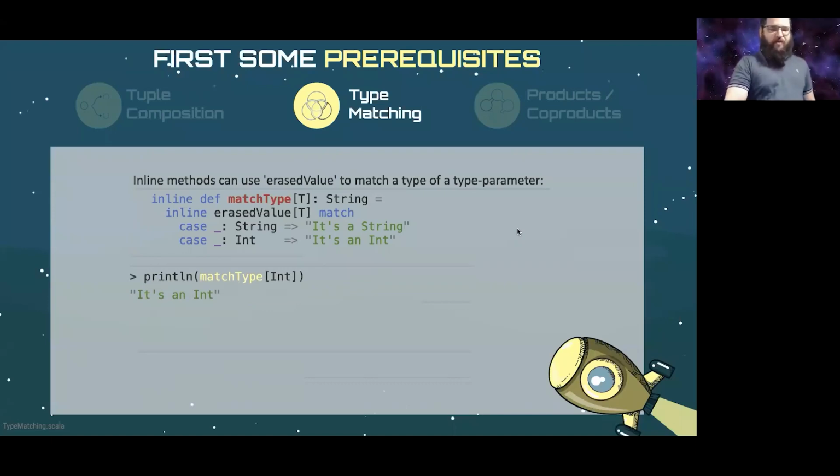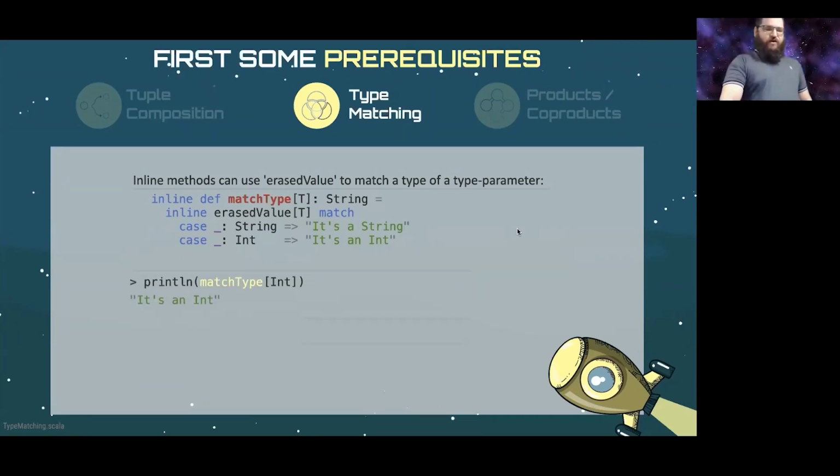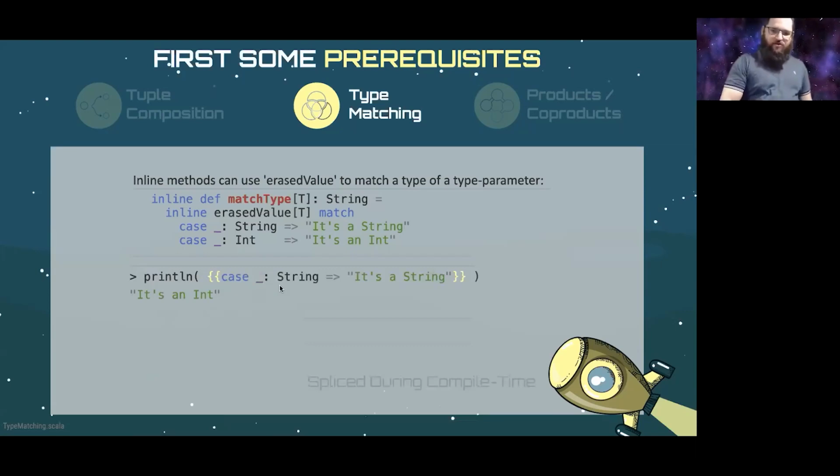So, right, here's an example. That's what happens when you pass that in. Now, here's the interesting part. So this is what we do. And again, this is a macro. Macros happen during compile time. So this case actually gets swapped in to your code.